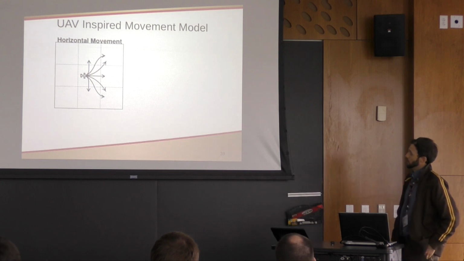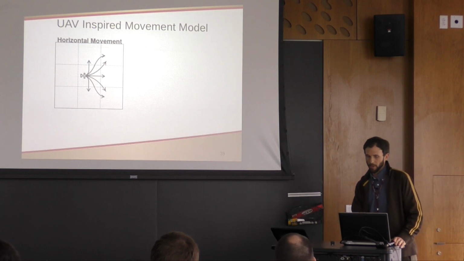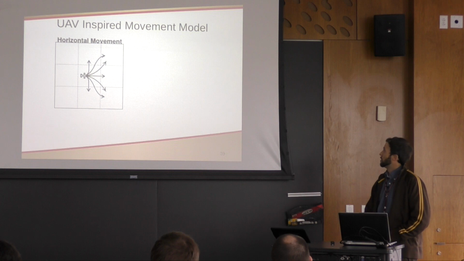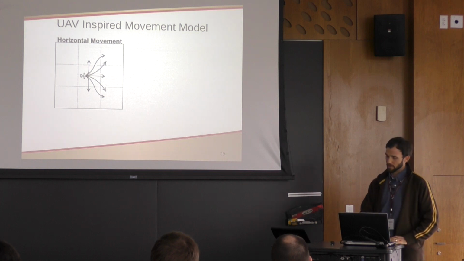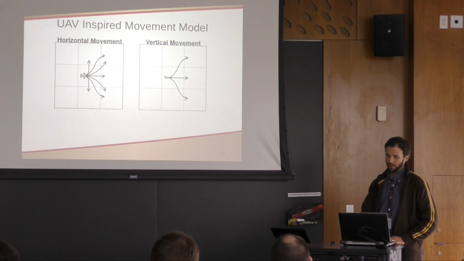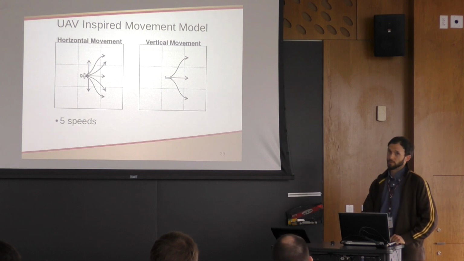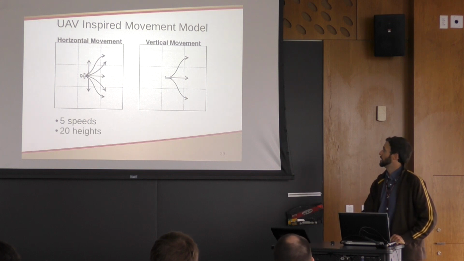And now I want to talk about our experimental environments. First of all, agents can turn in one of 7 different ways. They can also change altitude up or down, and they can also change between a possible 5 different speeds. Additionally, there are 20 possible heights and 8 possible headings.